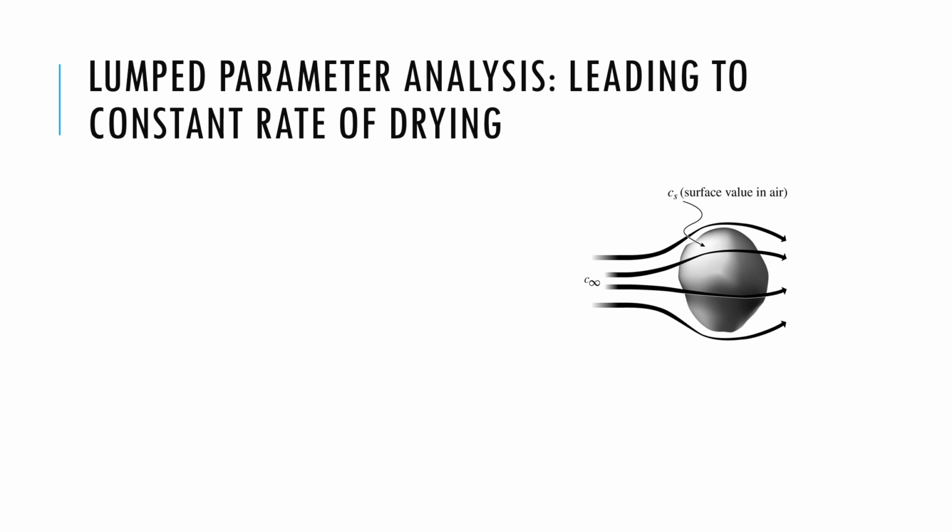So now we have this differential equation for lumped parameter analysis in case of simple mass transfer, in case of drying. It's W as a function of time, and it's an extremely simple equation, but we treat it even simpler by making this assumption, treating the right hand side to be constant.